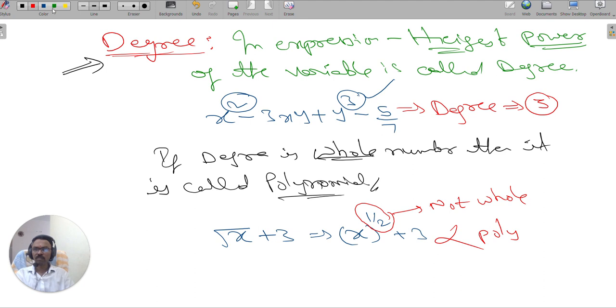Let me give you one more example: 1 by x plus 3. Sir, it is only 1, a whole number, no? No, you have to make it into standard form. You can write this as x to the power of minus 1 plus 3. Now look at the power.